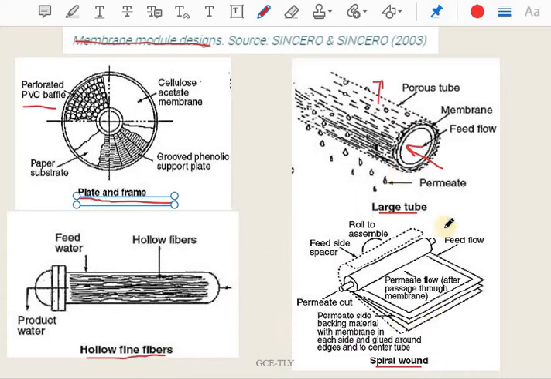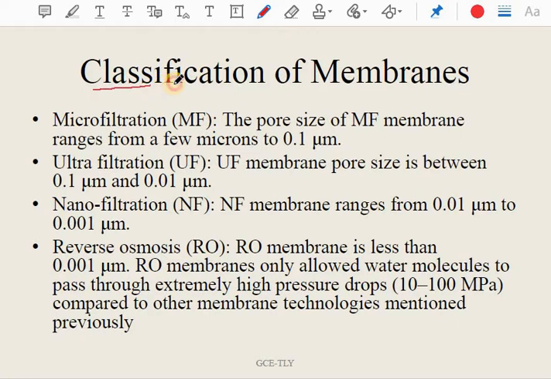In the spiral wound method, multiple membranes are wound together to form a single module. So, classification of membranes. Here membranes are classified based on the size of the pores in them as microfiltration, ultrafiltration, nanofiltration, and reverse osmosis.